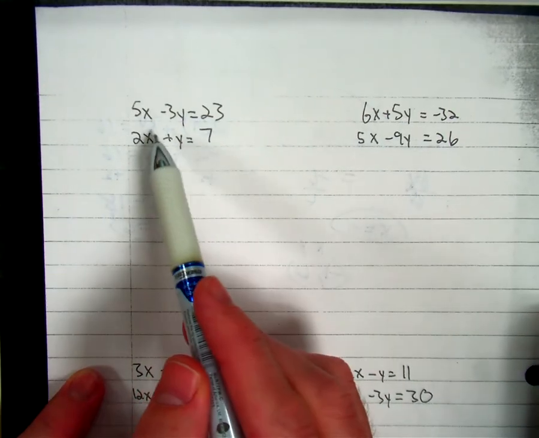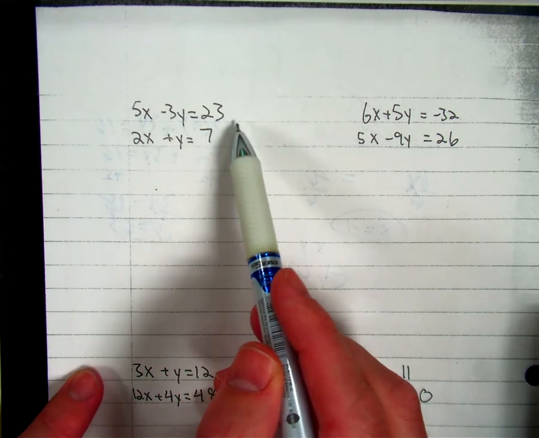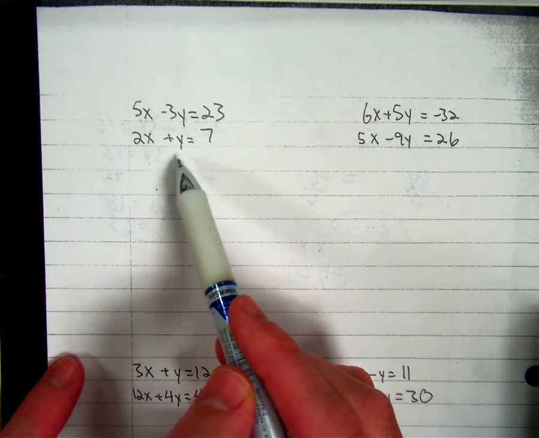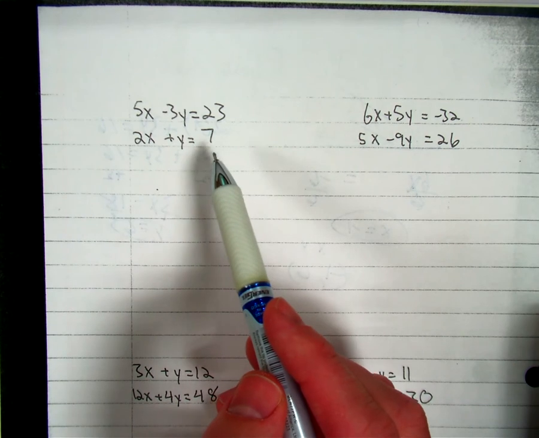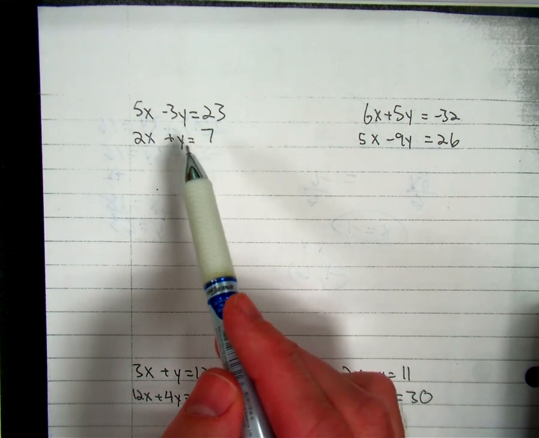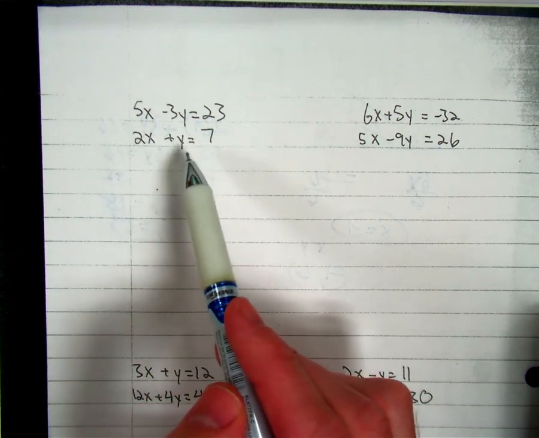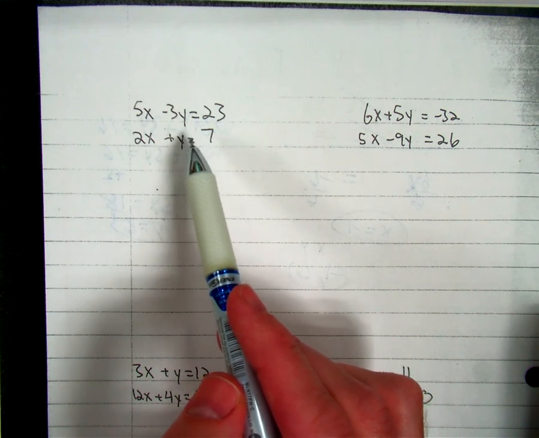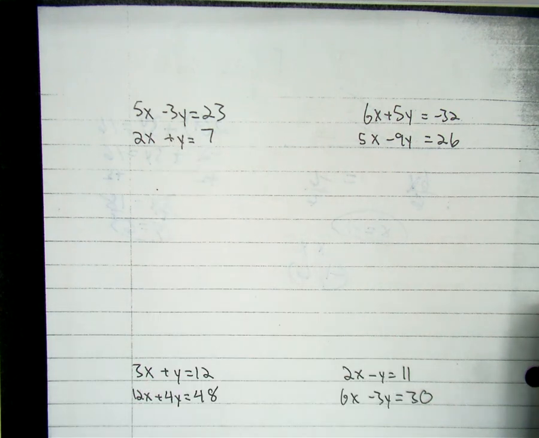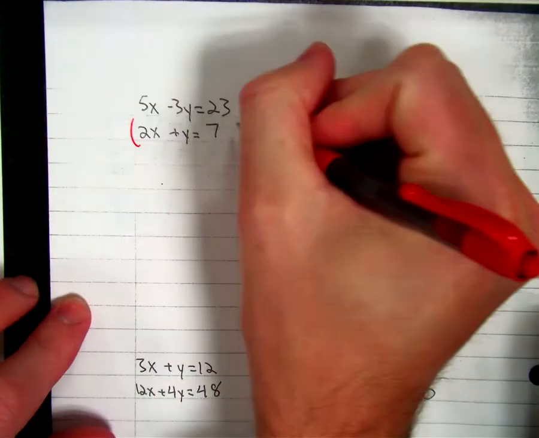So if I'm looking at this next one, 5x minus 3y equals 23, 2x plus 1y equals 7. I'm looking at this. The y's, I could get that to work pretty easily. It's not set up already perfect for me like the last one was, but we're going to have to multiply.